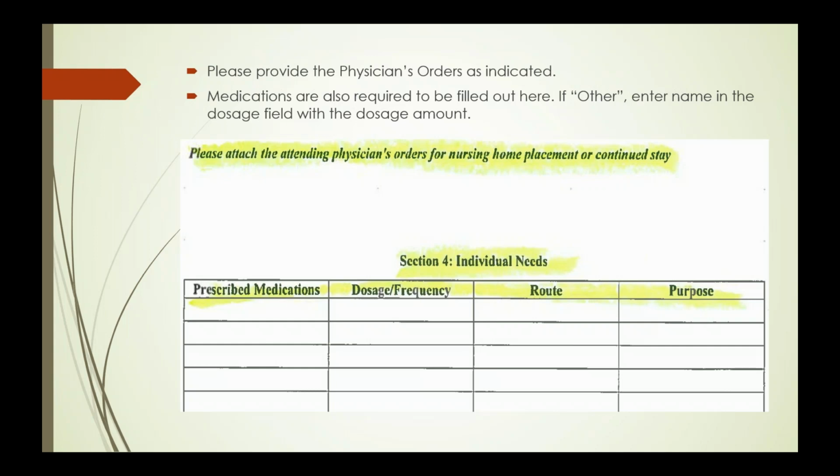A question says, can we have the MD sign instead of getting orders? You can have, if it's a reauthorization. What we're finding challenging is we may see an MD sign this section, but we're not seeing what the MD wants the nursing home to focus on or to follow.